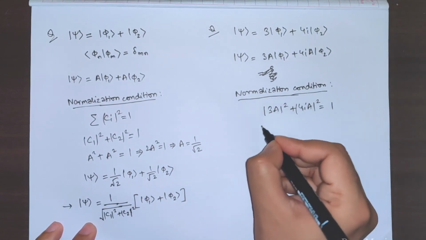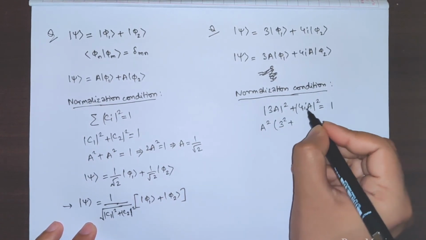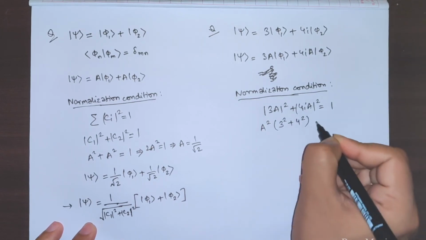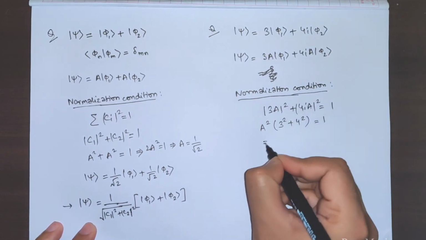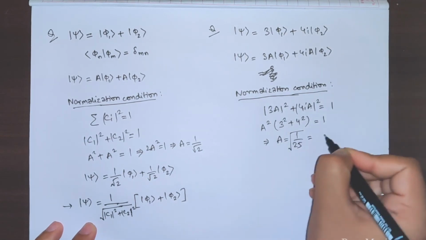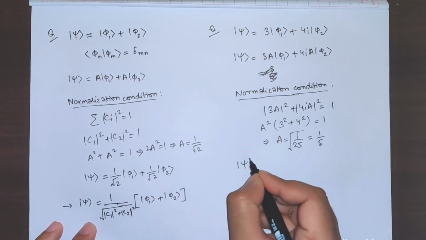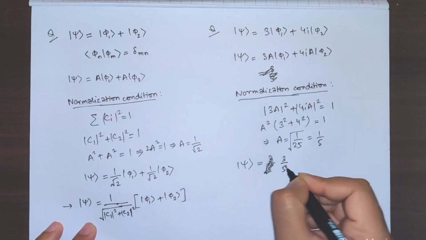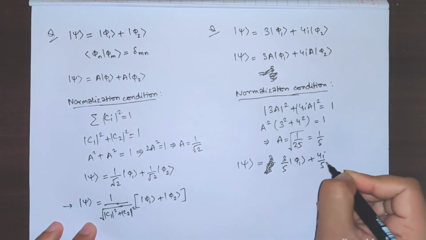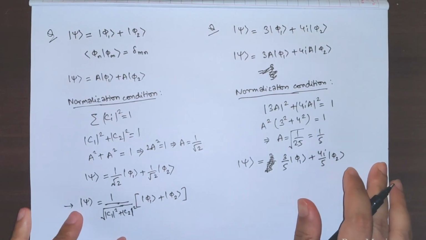Now a squared will come out, and this is 3 squared plus the mod of 4i, which will be 4 squared. Okay, this is 1. Now this gives you a equal to 1 by square root of 25, which is 1 by 5. Alright, so the normalized psi is 3 by 5 phi 1 plus 4i by 5 phi 2. Right, so this is the normalized one.